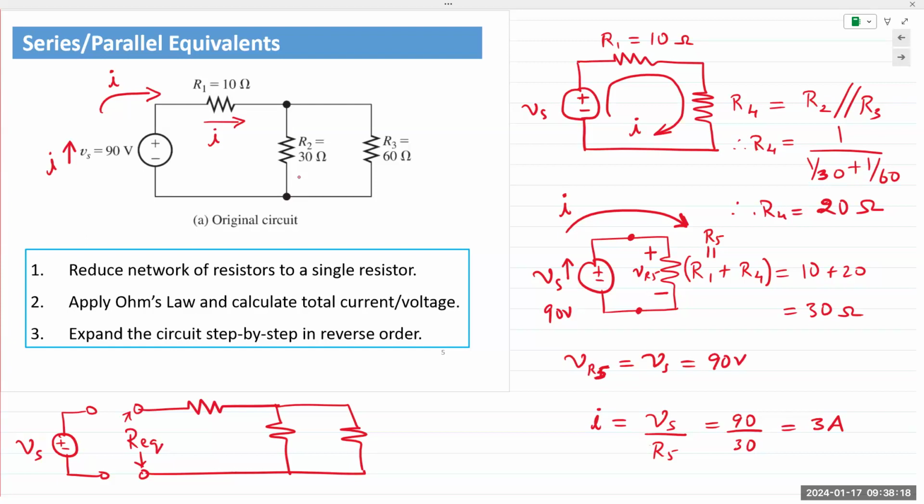Make sense? And again, Ohm's law, I have voltage V, I have values for resistance R2 and R3. I can find the current flowing through each one of those. Do the steps make sense? Again, I reduce the circuit towards the voltage source. Once I found the current, I'm expanding it back up again, step by step.